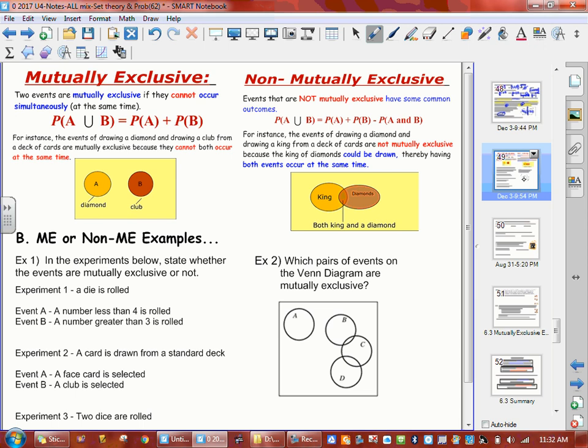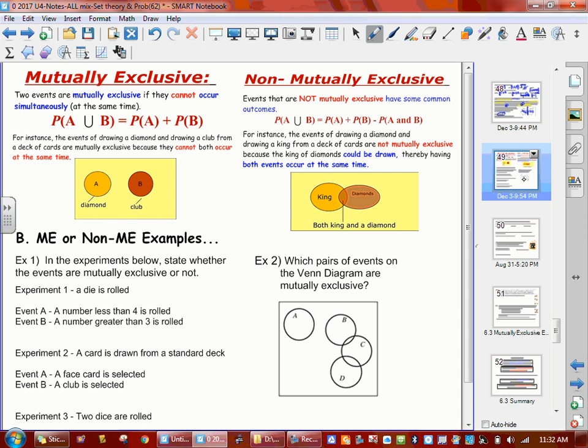So if I draw a card out of a deck, is it a diamond or a club? Well, diamonds and clubs have nothing to do with each other. That's why they're in separate circles here, okay? So they are mutually exclusive because I can't pull a diamond out at the same time I can pull a club out if I'm only pulling one card, okay? Remember, you're only pulling one card.